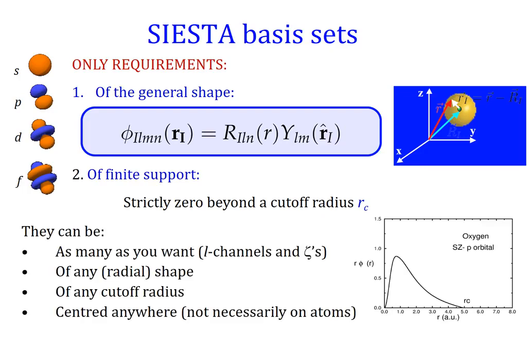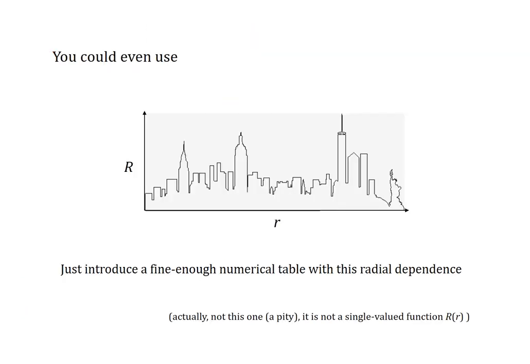And in principle, there can be as many zetas and L channels in polarization as you want, of any radial shape you want and of any cutoff radius you want. And they could be centered anywhere, as I was telling you before. So even in principle, you could use a radial shape like the one shown here.